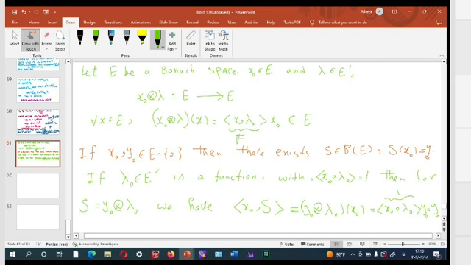Okay, so we find this bounded linear operator with this property.